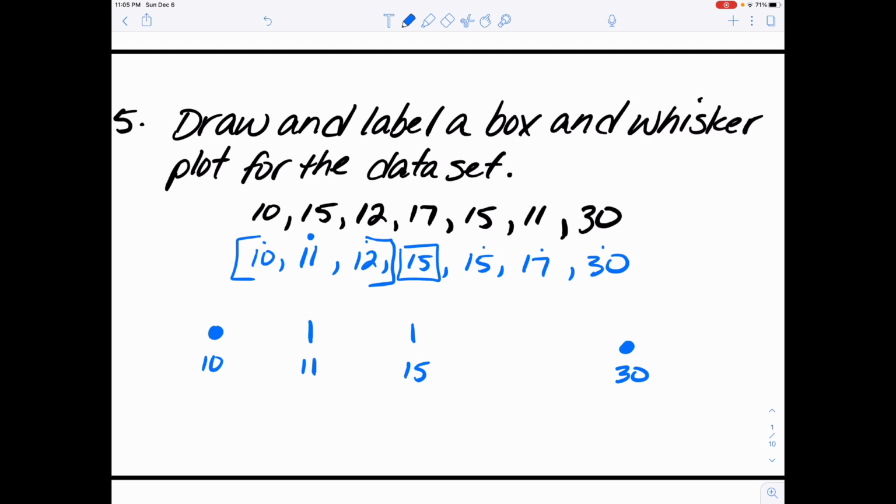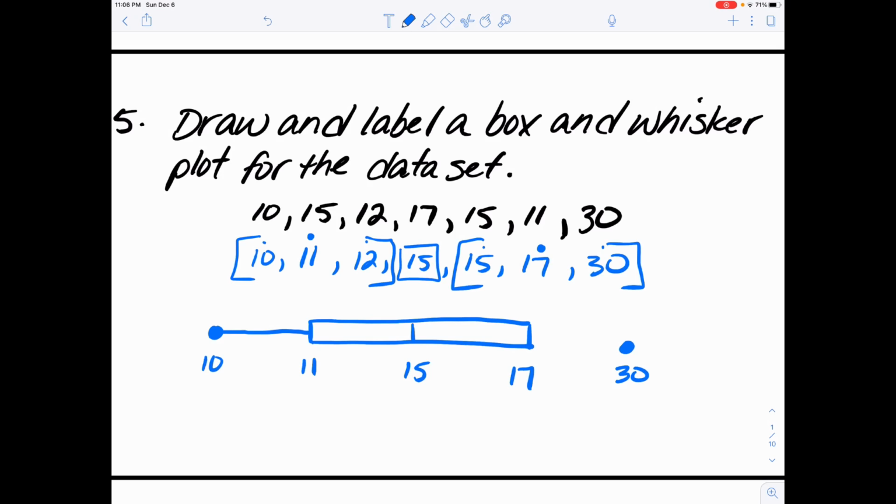And then the median of the top half of the data set happens to be a 17. And then we'll just connect those 3 values, so to speak, there in the middle to represent our interquartile range. We'll connect our box and whiskers together.